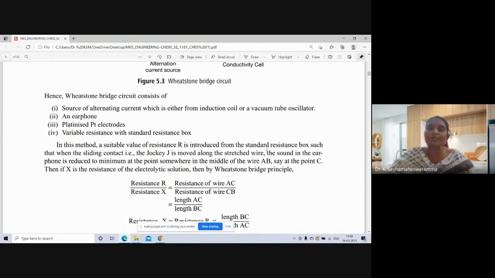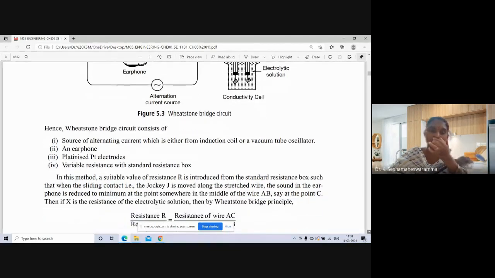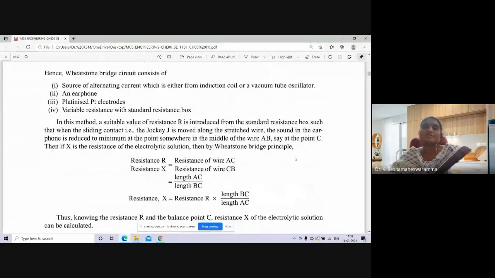Say at this point is the balance point. This is the wire AB. Somewhere here, the earphone indicates where we can hear the sound. The sound in the earphone is reduced to minimum at that point somewhere in the middle of the wire AB.